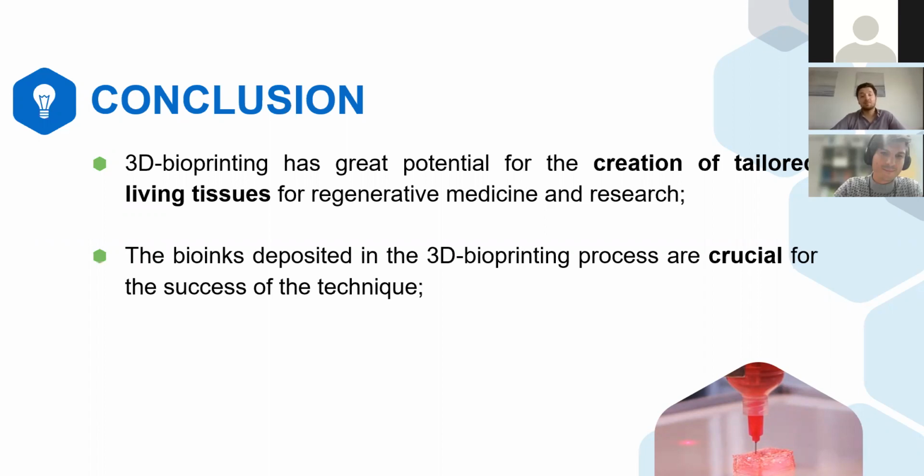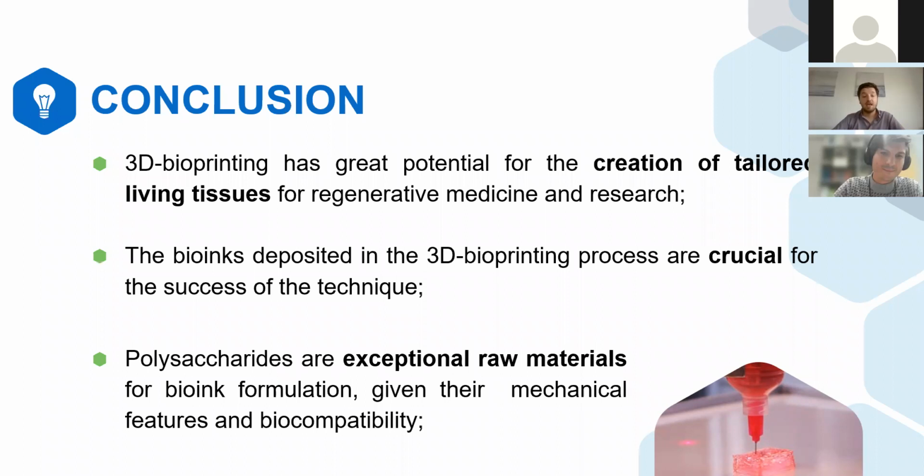The bioinks deposited in this process are crucial for the success of the technique. A not suitable bioink will jeopardize all the process, all the steps of the process. And of course, polysaccharides are exceptional raw materials for bioink formulation, given their mechanical features and their biocompatibility.